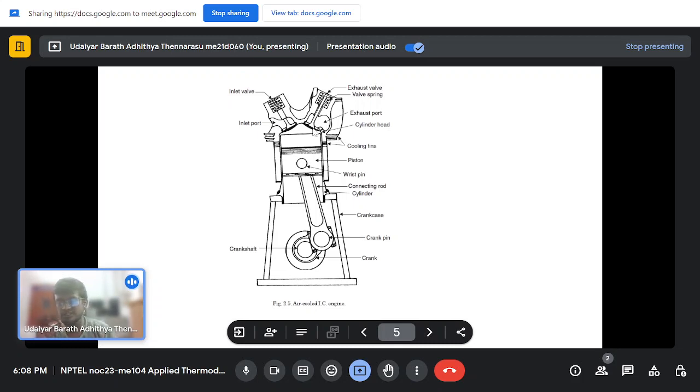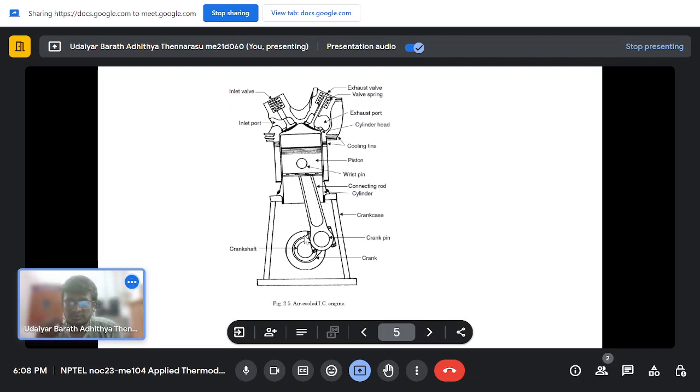Everything will fit in the engine block, and the round circular portion at the bottom is the crankshaft, which drives the piston. It takes the energy from the piston and converts it to a rotary motion with this arrangement of the crankshaft and the slider.